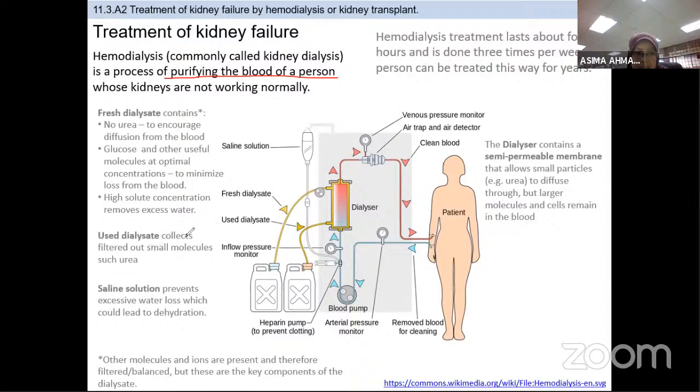So used dialysate collects filtered out small molecules such as urea. Okay. So yang filtered out tadi through the semi-permeable membrane will be collected by this dialysate. Meaning that used dialysate will have high content of urea. Okay, high urea level and probably water level as well, if the blood of the patient has excess water.